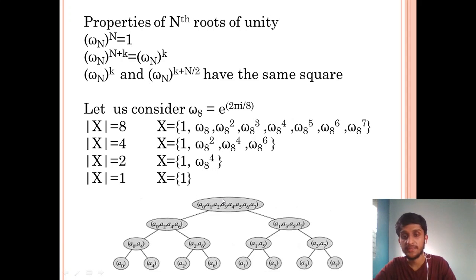So for the n equal to 8 case, if we have 8 coefficients, we divide them into even and odd sets. Here we have all the even coefficients and all the odd coefficients. Then we can consider this as again a problem, with our polynomial A, and we can again divide it into even and odd. So here even would be a0 and a4, odd would be a2 and a6, right?